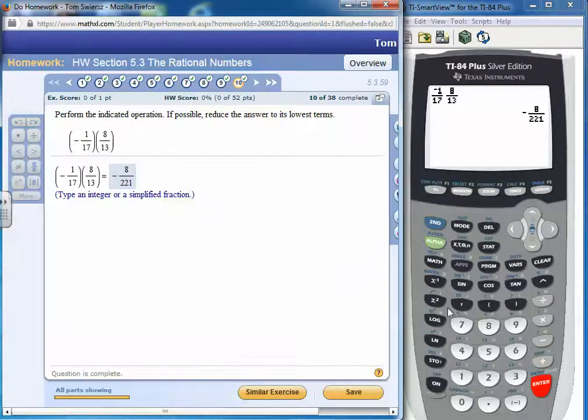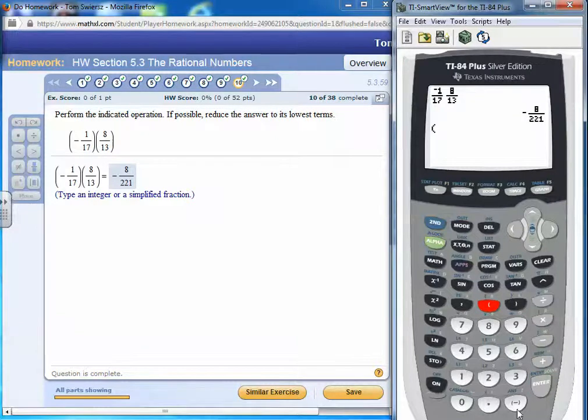Now again, you could have simply done -1 divided by 17 in parentheses times 8 divided by 13 in parentheses. There's your decimal, and then go to the math key, hit enter, and there's our fraction, -8 over 221. So when it's a simple fraction, it's usually faster to put it in as a division instead of going to the fraction function.